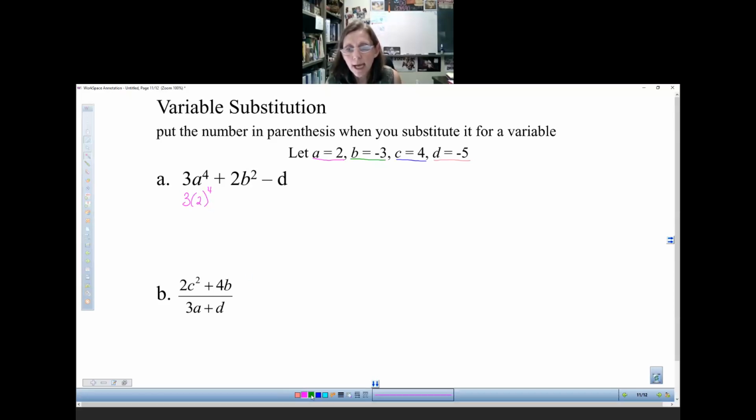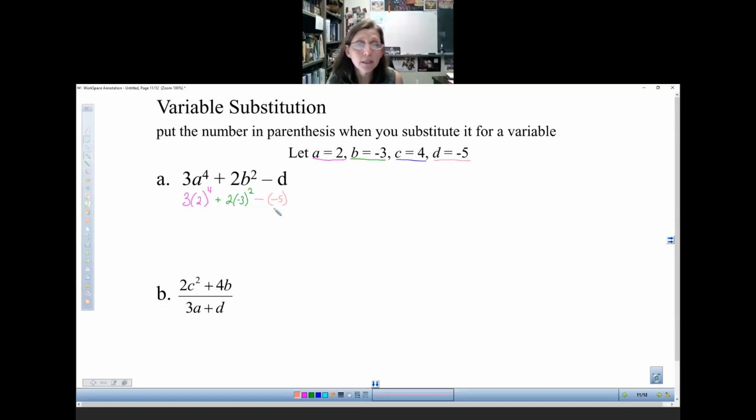And then we have plus 2 times B squared, but I'm going to replace B with this value of negative 3. And then I'm going to have minus, but D has a value of negative 5. Now notice I put that in parentheses, especially because it's negative. We have to be really, really careful there.